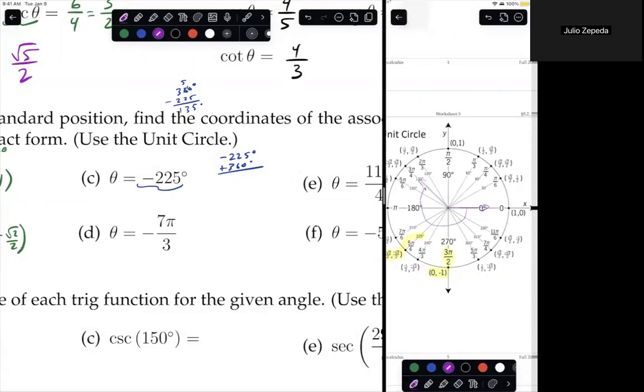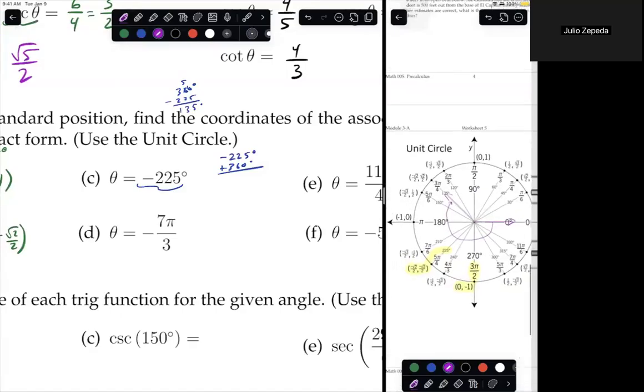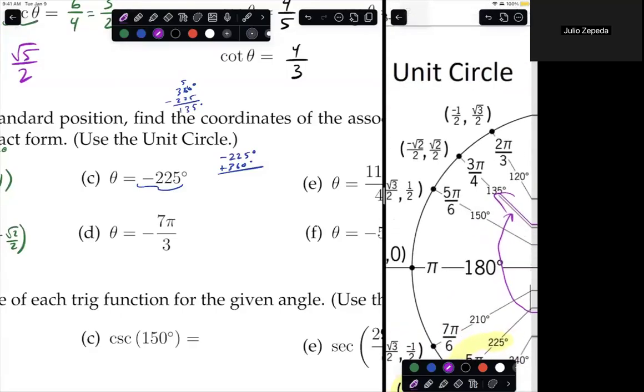And so there's roughly what the angle looks like. Now, what we care about in this problem is the associated point, which is going to be that one there. For 135 degrees, its associated point, so for negative 225, that would be negative square root 2 over 2, comma, square root 2 over 2.